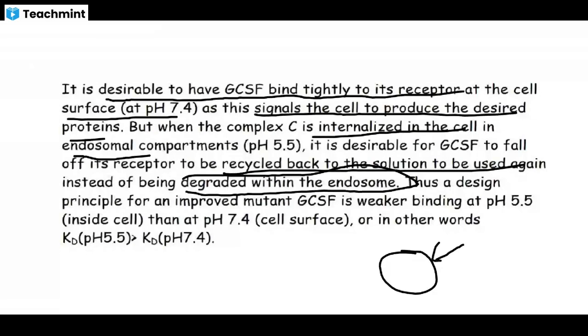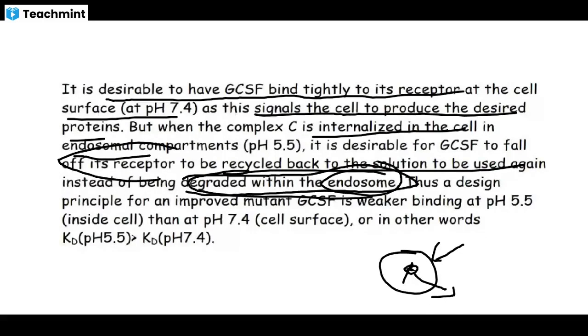So it is desirable for it to fall off from its receptor, otherwise it is degraded by the enzymes.